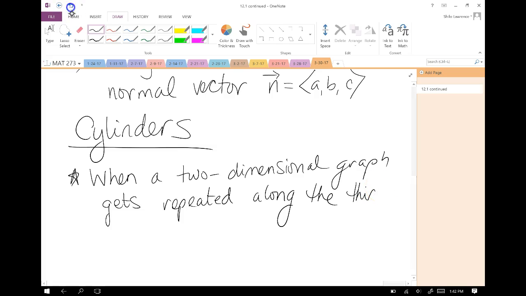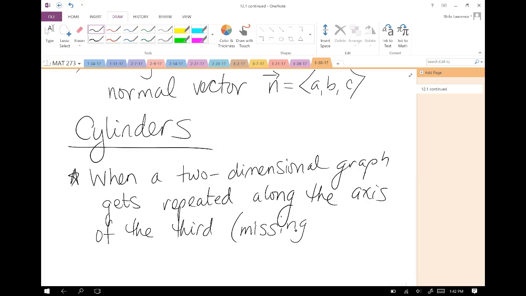I'm going to say along the axis of the third variable. And that third variable is missing from the equation. That's why this graph gets repeated forever in that direction, because there's no restrictions on that variable.